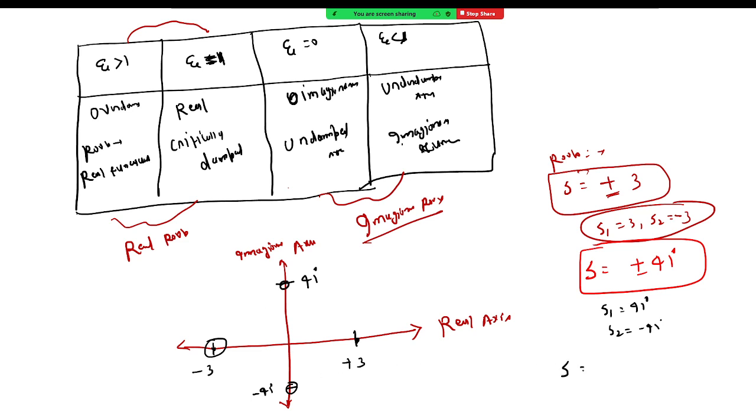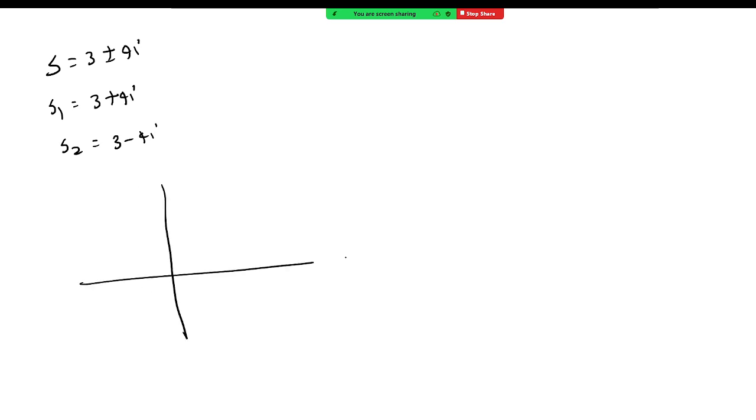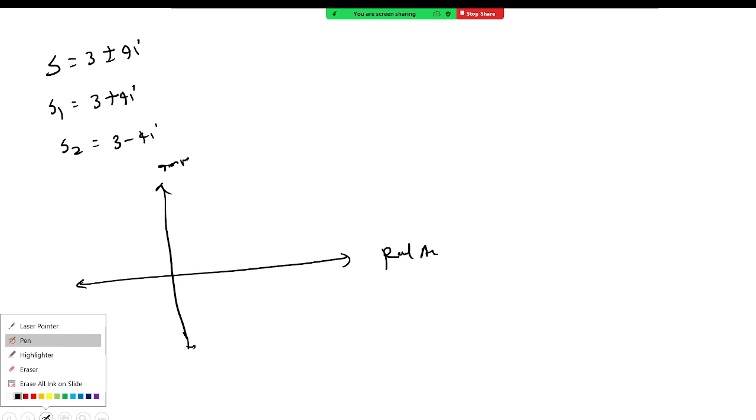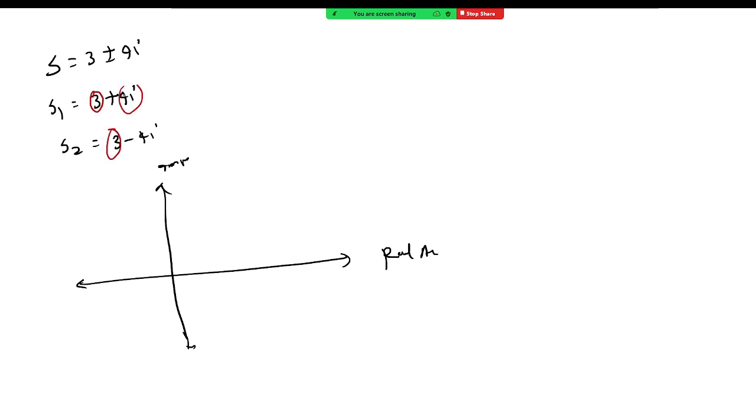Now, if I tell you s is equal to 3 plus minus 4i, let's say I am drawing it here. Can I write s1 is equal to 3 plus 4i and s2 is equal to 3 minus 4i? If this is your complex plane, this one will be your real axis and this one will be your imaginary axis. So this is your real part and this is your imaginary part.